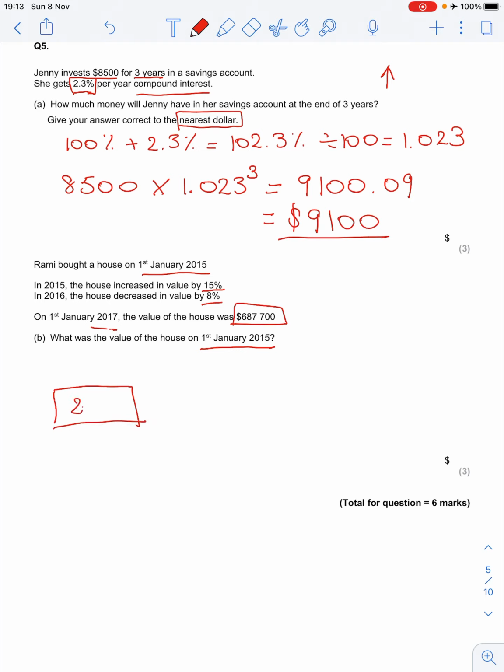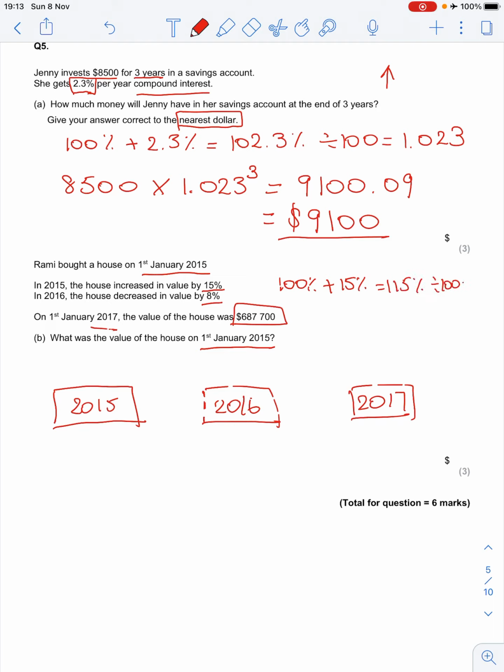So remember, just to help you think through the problem, this is 2015. This is 2016. And this is 2017. So we know the house from 2015 to 2016 increased by 15%. So for percentage increase, remember we do 100% plus 15% equals 115%. Changing this to a decimal multiplier gives us 1.15.